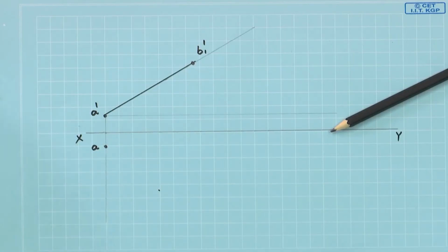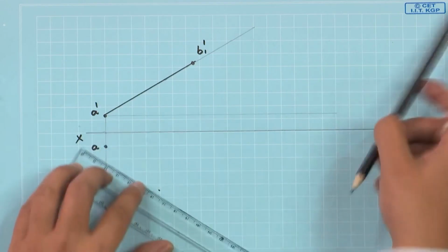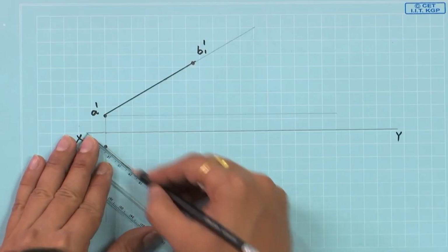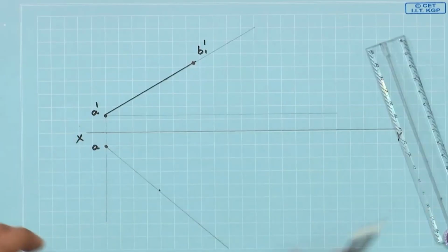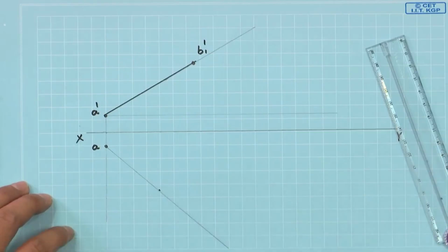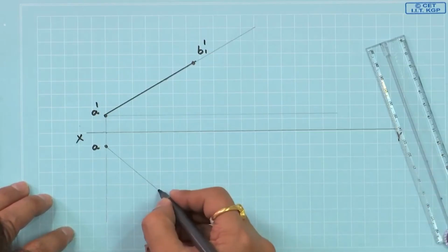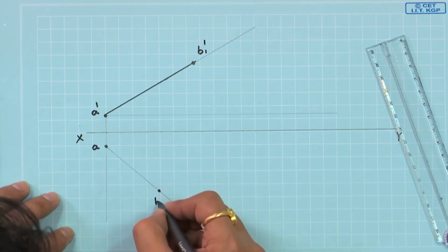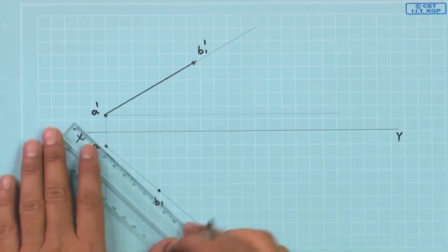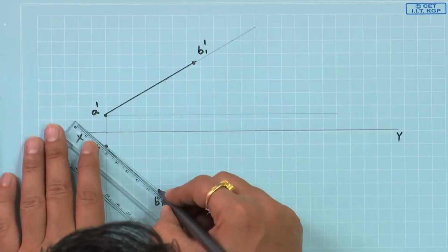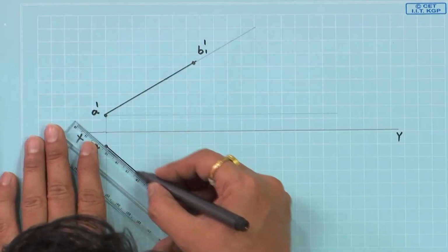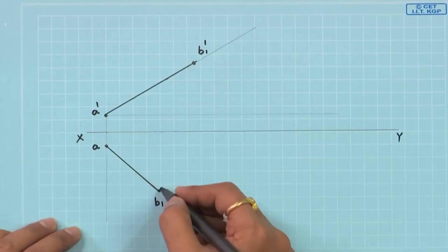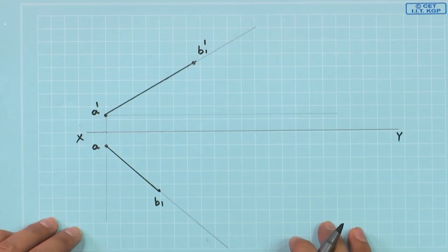If we join this line, it makes an angle in that way. Call this point our B1 and join this one. You see, B1 prime and B1 will be different when we have these projections.